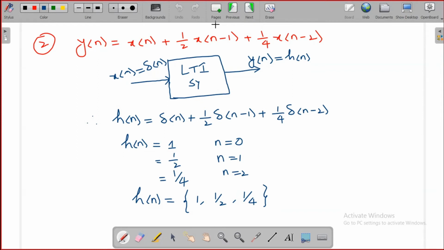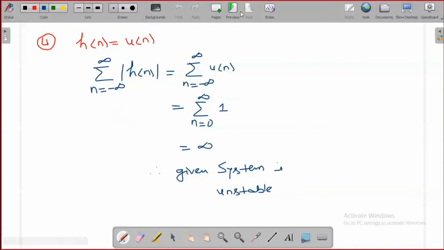Otherwise, if you don't have any initial conditions, try to find the impulse response by substituting input x of n is equal to del of n.